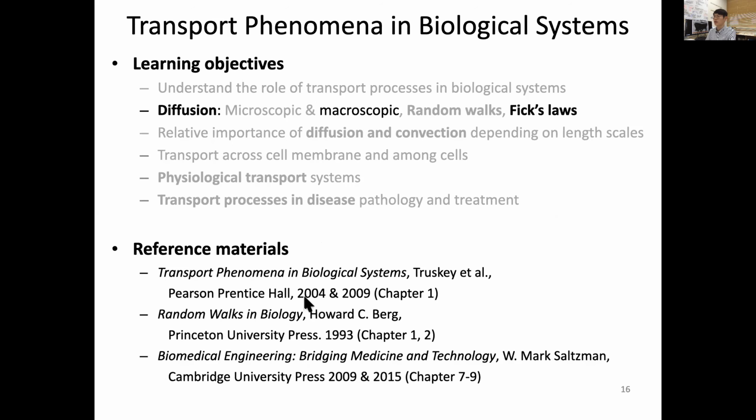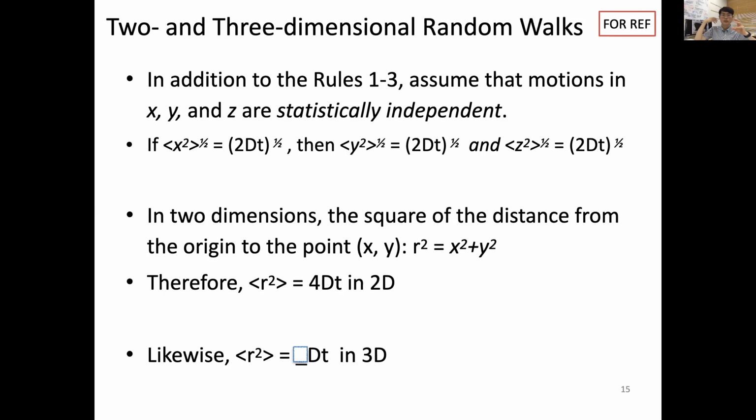The most important part is that this square of displacement is proportional to t, which means the distance is proportional not to t, but to the square root of t. This means that to explore further and further, more time is required, like the square of the distance. That's the property of the diffusion phenomenon.